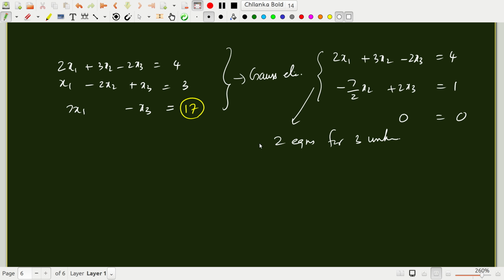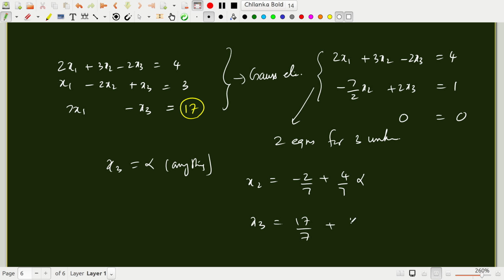So you can take x3 to be some alpha, it can be any number. Then x2 becomes minus 2 by 7 plus 4 by 7 alpha, and x1 becomes 17 by 7 plus 1 by 7 alpha. So this is called a one parameter family of solutions.